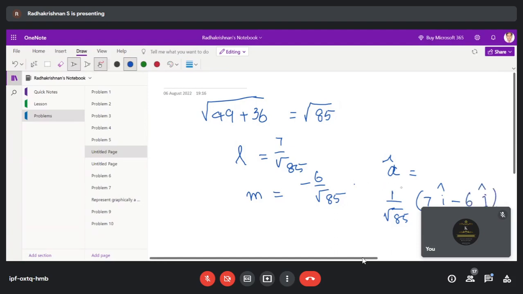So this represents the direction of that vector. So we represent the unit vector in the direction.